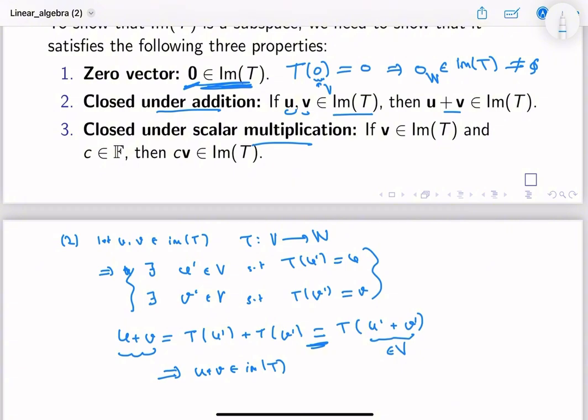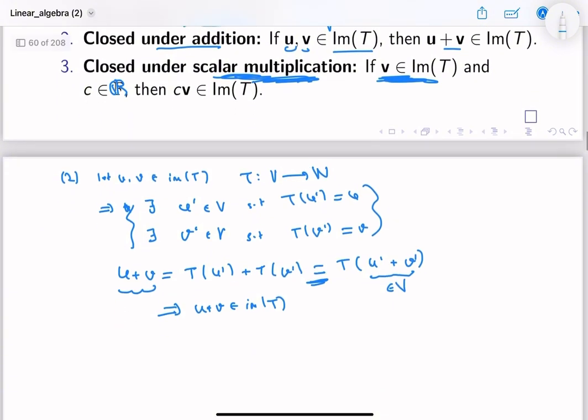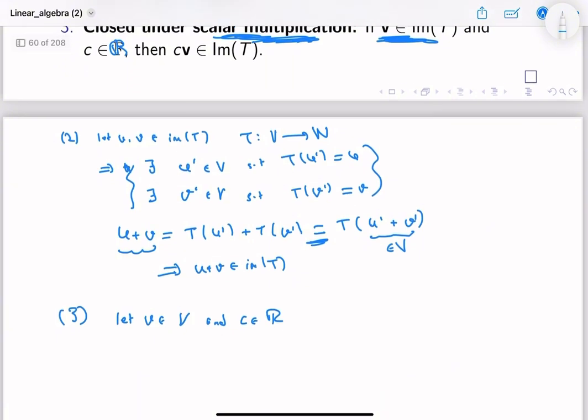The third thing we want to show is closure under scalar multiplication. If v is in the image, we want to show that if we take any real number c and multiply it by v, then cv is in the image. So let us see this. We start with v in the image of T and a real number c, and we want to check that c dot v is in the image.